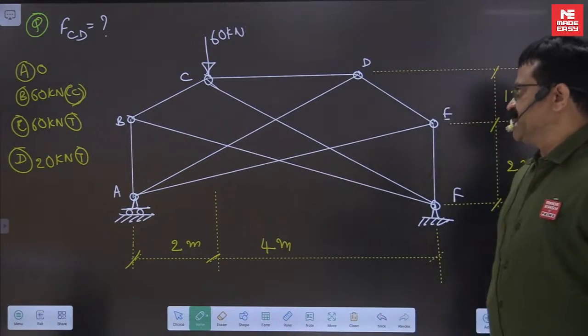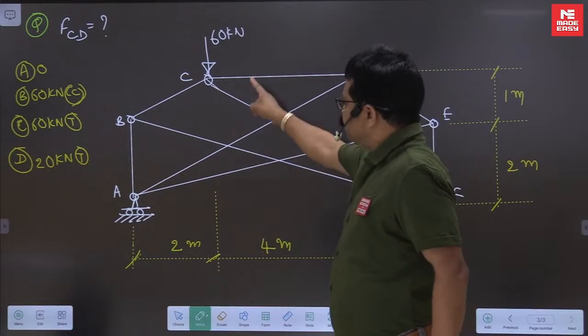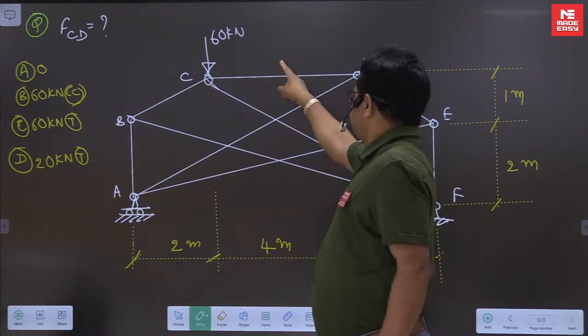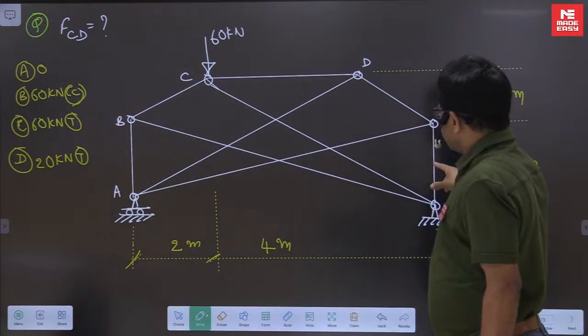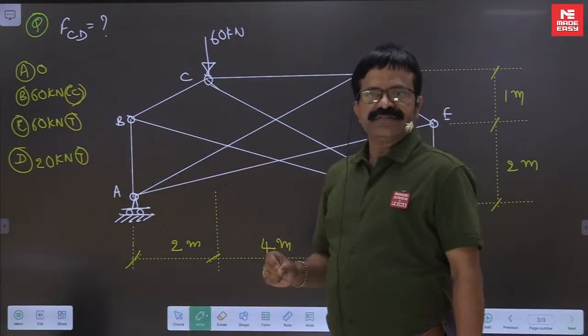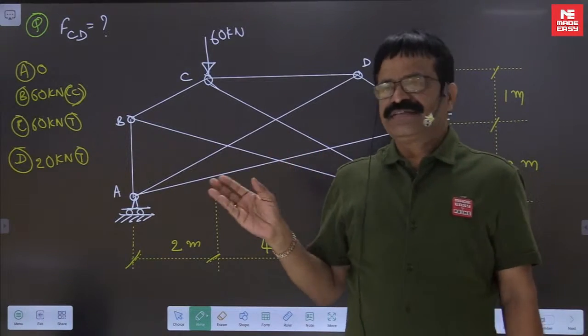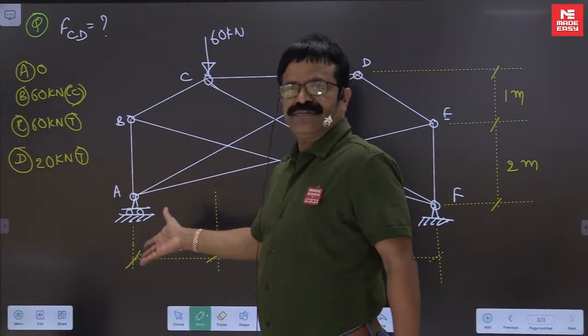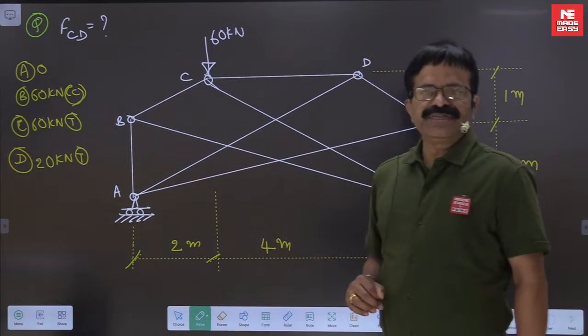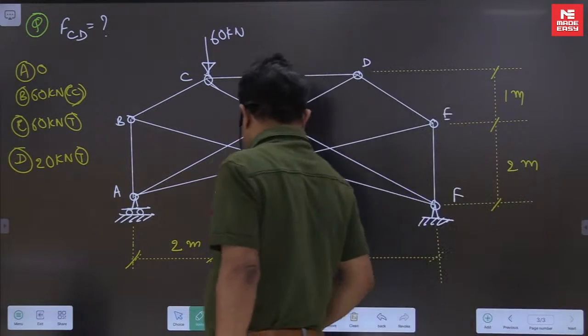Now the method of sections. If I cut like this, 1, 2, 3, 4, 5 members are cut. If I cut like this, 1, 2, 3, 4 are cut. So whatever way you are cutting and separating the truss, at least a minimum of 4 members are getting cut.